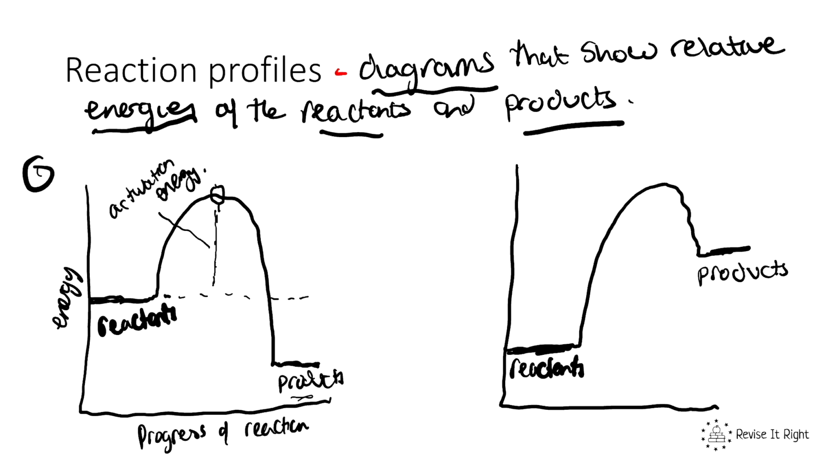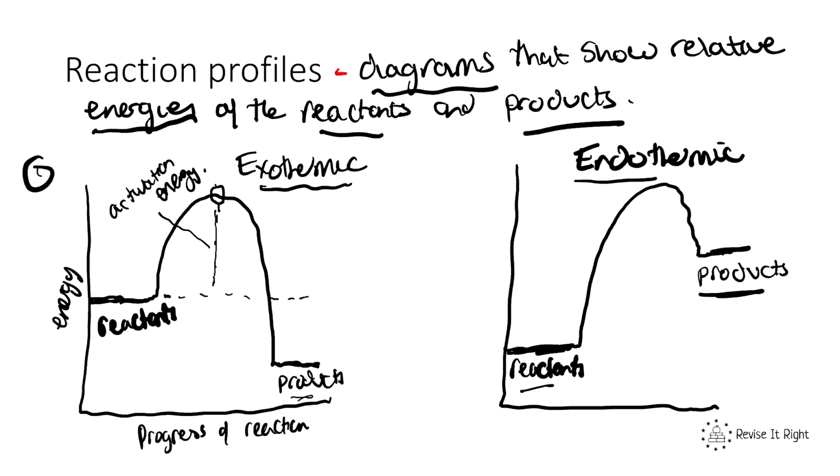So this reaction profile represents an exothermic reaction. Whereas in this example, the products have a higher amount of energy than the reactants, which means it must have taken in energy from the surroundings. And therefore this one represents an endothermic reaction.